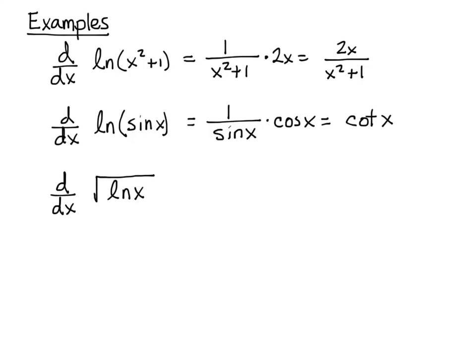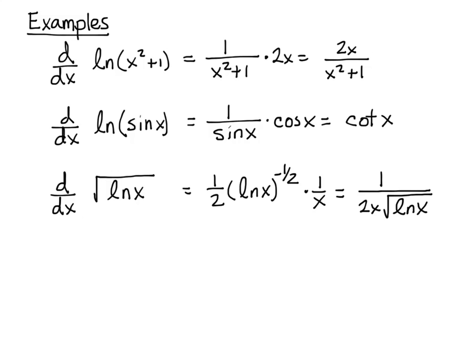Now we have an outer function, which is the square root. So if we have the outer function square root of ln x, we're going to first take the derivative of that outer function, and then multiply it by the derivative of the inner function, which is ln x. And so we have this. Now if I rewrite this, this is going to be the square root of ln x in the denominator, so I can write it simply as that.